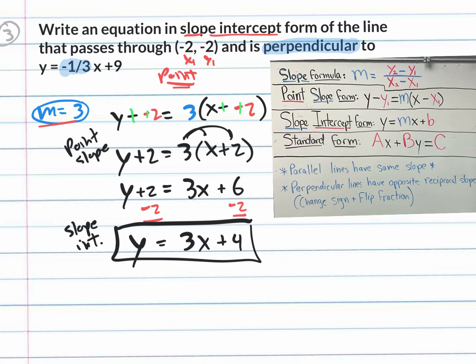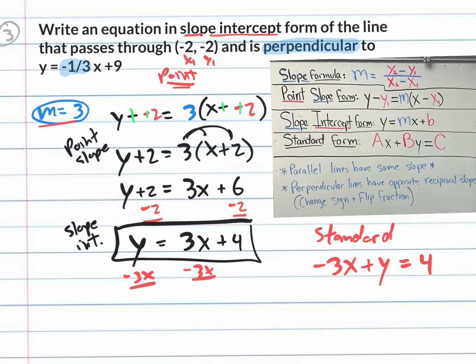Okay, this is not part of this question, but what if I did ask for standard form? Then all you have to do is what? Minus 3x and minus 3x, that's right. So our new equation would be -3x plus y equals 4.